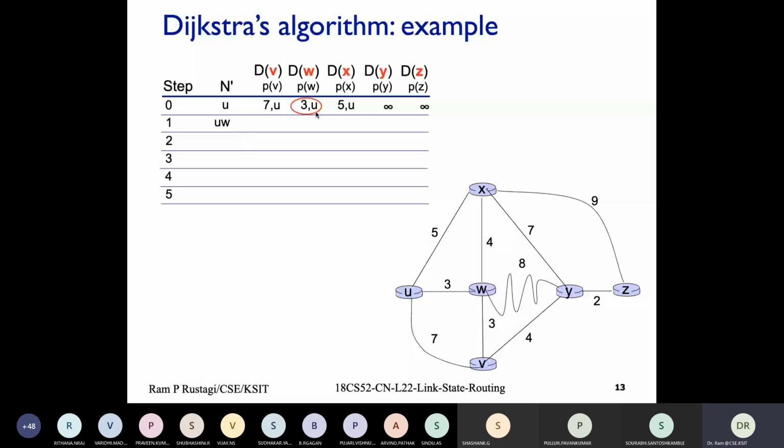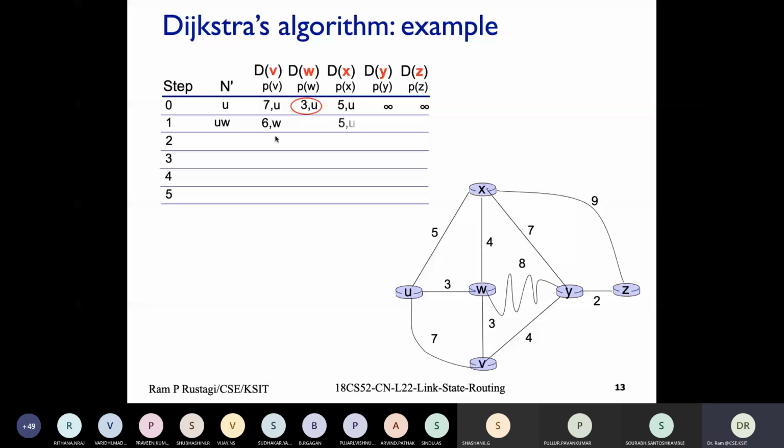My cost from U to W is 3, so DW is 3, and the cost from W to V is 3. So DW 3 plus the cost CWV, which is 3, becomes 6, but previously DV was 7, from the initialization U to V. So that means my DV becomes 6, because this is lower.